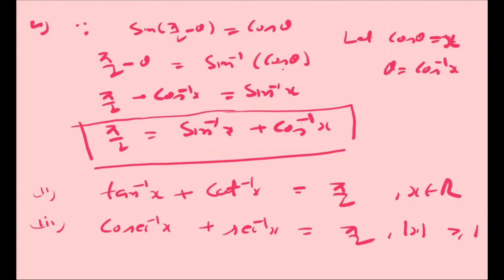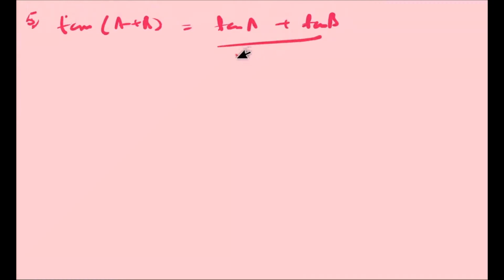And now, since you know the formula of tan a plus b, tan a plus tan b upon 1 minus tan a tan b, isn't it?